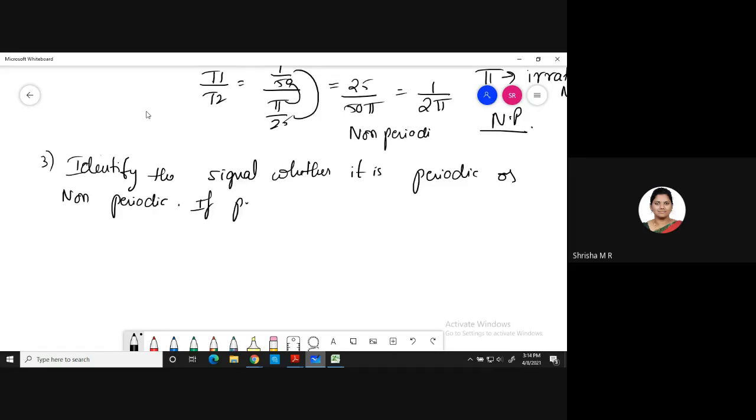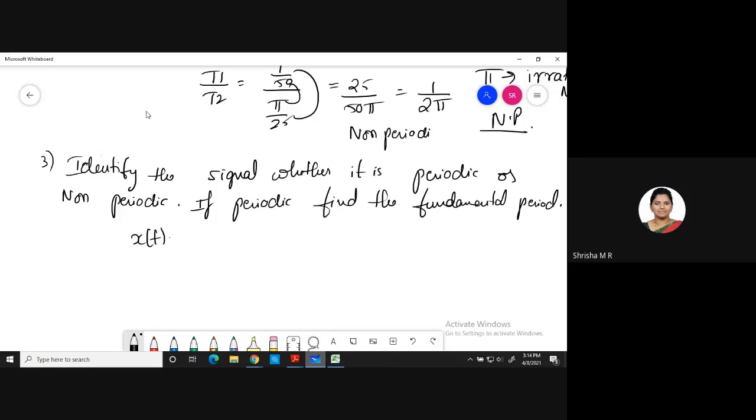If periodic, find the fundamental period. First we are finding if the signal is periodic or non-periodic. If it's periodic, then we are finding the fundamental period. Fine, so take down the question.